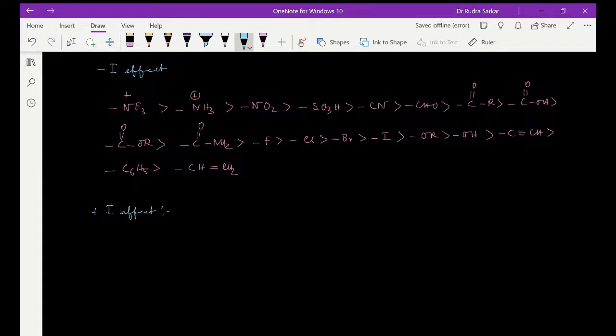So plus I effect will be considered for the group or atom that will push electron density within the covalent bond to the carbon.